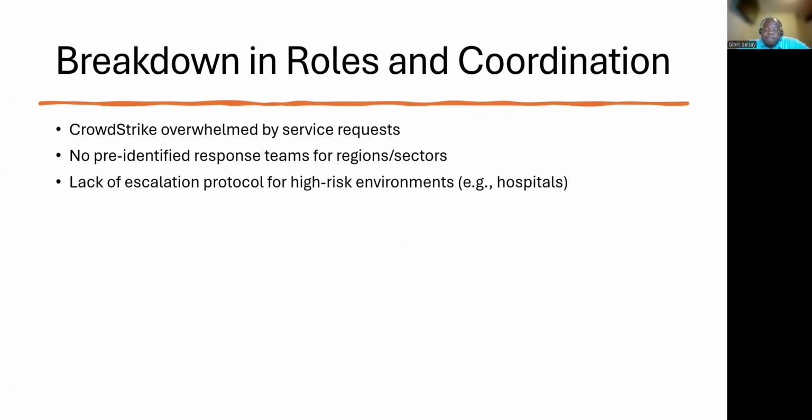FEMA stressed the importance of having predefined roles, so having someone ready on standby for these types of issues, with our hospitals and emergency services waiting for support so that they can serve our communities. The lack of recovery teams in place prolonged downtime and put many lives at risk.